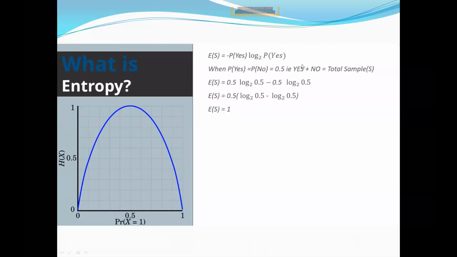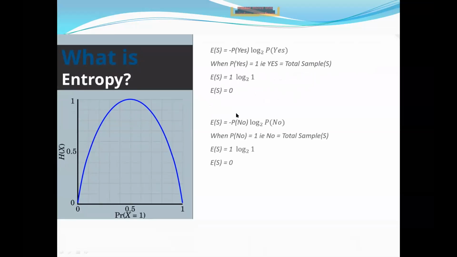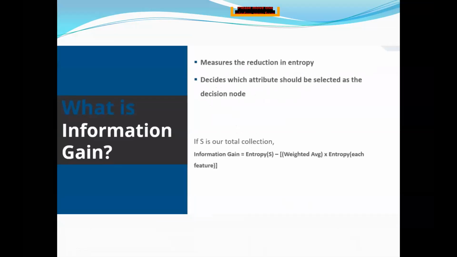So 0.5 into log base 2 of 0.5 minus 0.5 into log base 2 of 0.5, right? It gives an entropy of 1. Similarly, if we calculate with the value 1, it gives 0. So a probability of 0 or a probability of 1 is not a problem for impurity; you should have 0.5. That means you should have impure, mixed data.